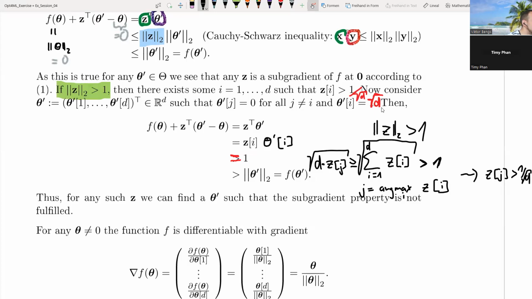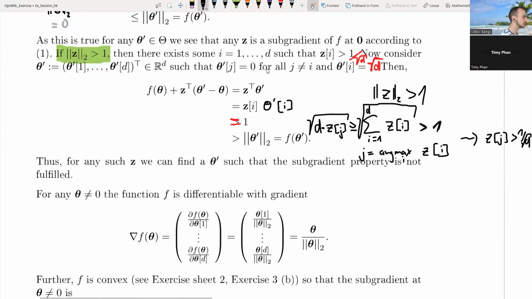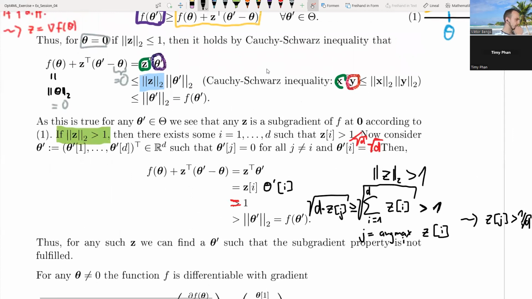Maybe we can come back to it later. Yeah, I think we should do this. So I'm pretty convinced that this is fixable. Yeah, so I'm very sure that the subgradients are indeed the unit L2 balls, but there's obviously a flaw in this argument here. So I will rethink it later on if you have time.